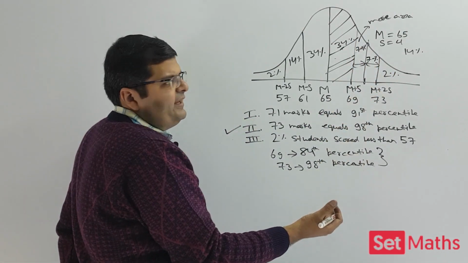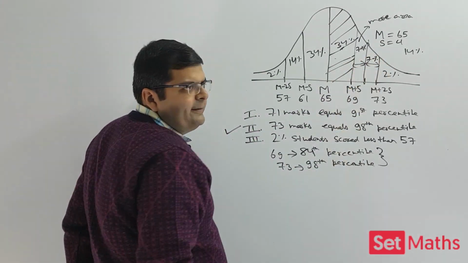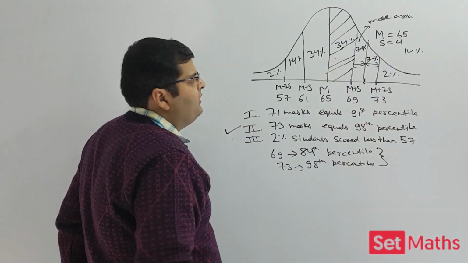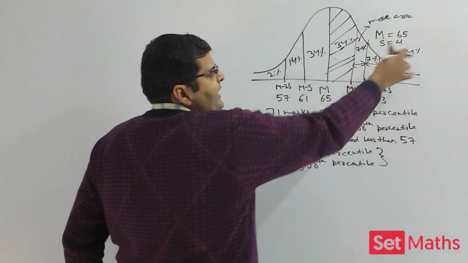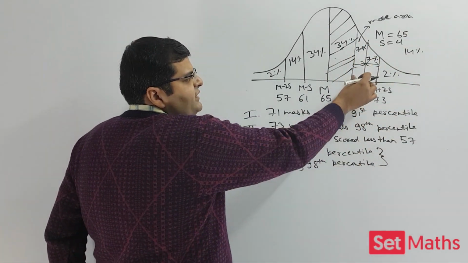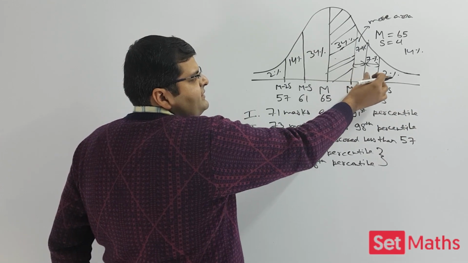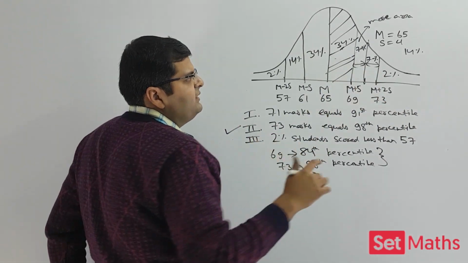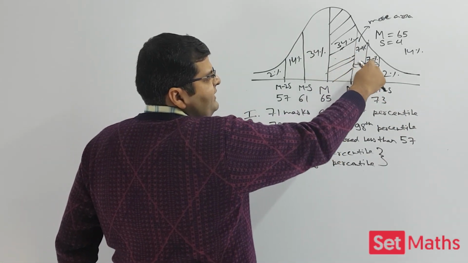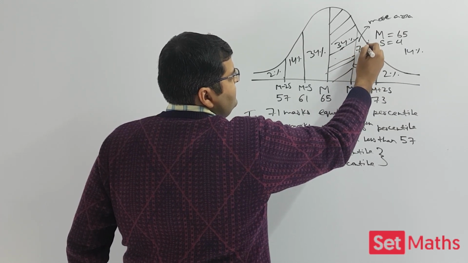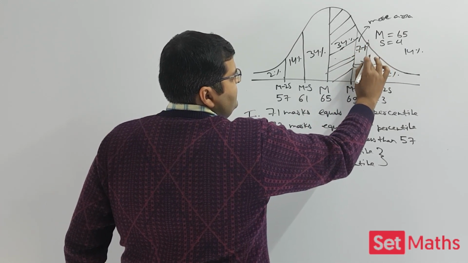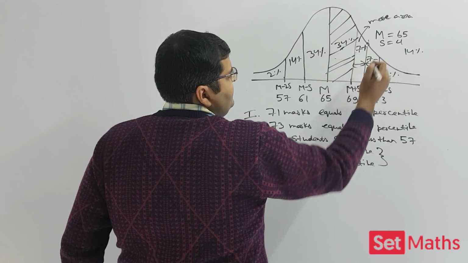It can be anything: 8% and 6%, or 9% and 5%. They have to add up to 14%. So this part has to be greater than 7% and this part has to be less than 7%. That is why I have written 7 plus here and 7 minus here.